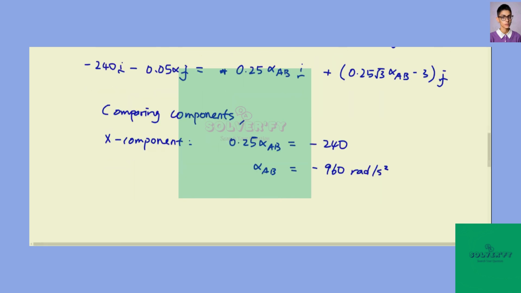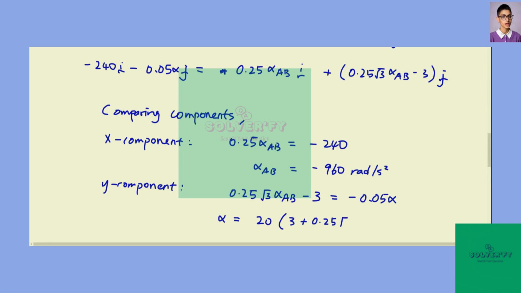And then for the y component, we have 0.25 root 3 alpha AB minus 3 is equal to minus 0.05 alpha. So alpha is 20 times 3 plus 0.25 root 3 times 960. So this is equal to 8370 radians per second square.